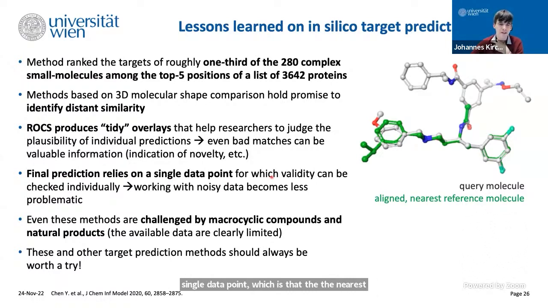And you can then easily go back to the literature and confirm the validity of this data point, or make a judgment of how likely your prediction is correct based on the likelihood that the reference data point is correct. And we have also seen that this can even work for macrocyclic compounds, although this is a more challenging task to do.